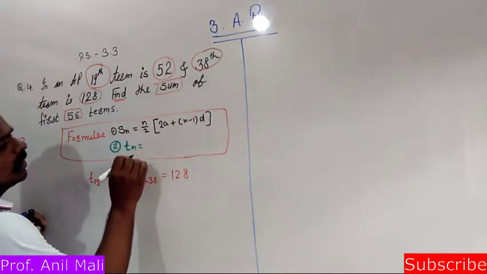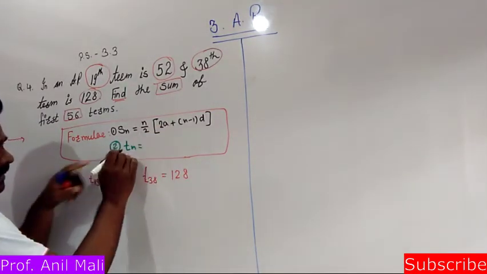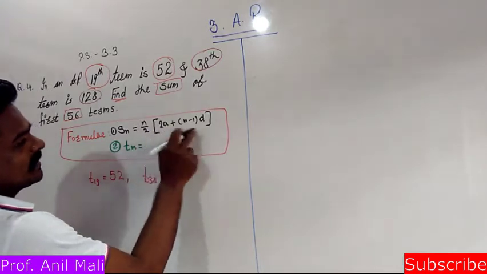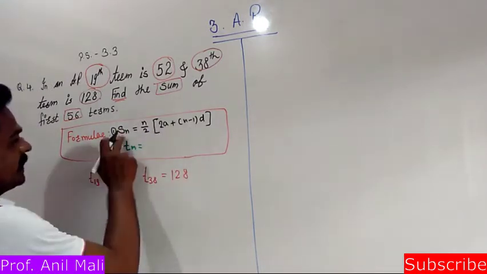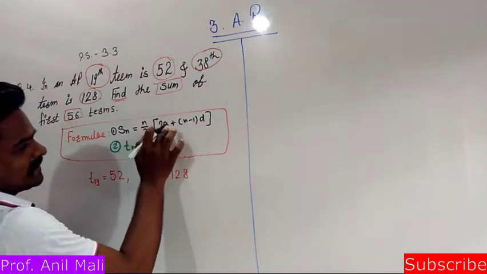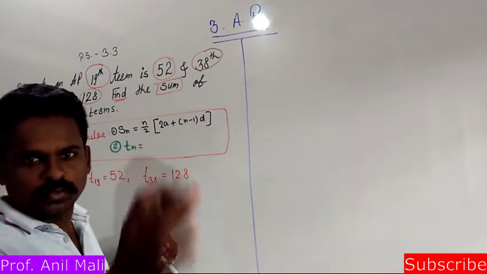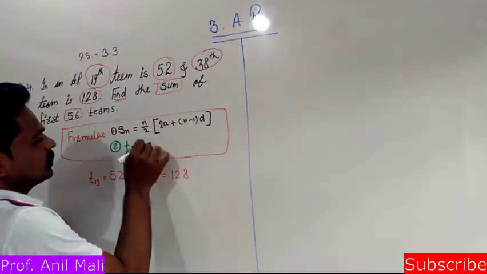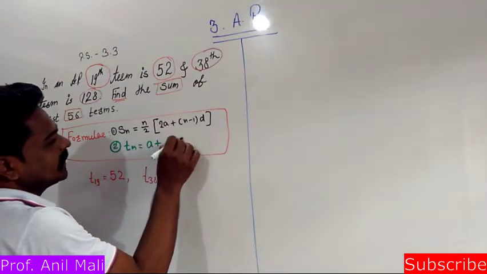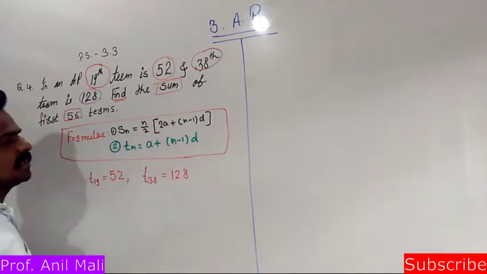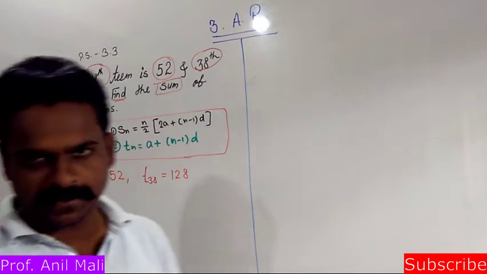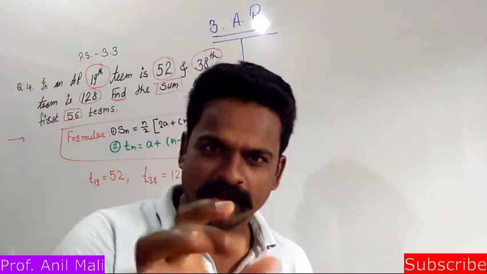Tn is equal to a plus n minus 1 into d. The formula of the nth term is included here in Sn, and we had split it into two parts. So this is your second formula, which will be applied for finding the sum of the first 56 terms.